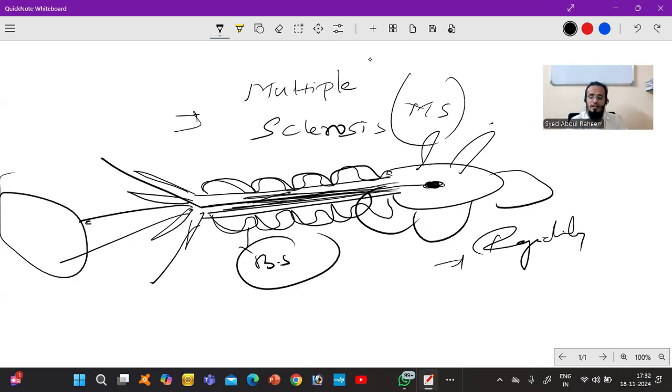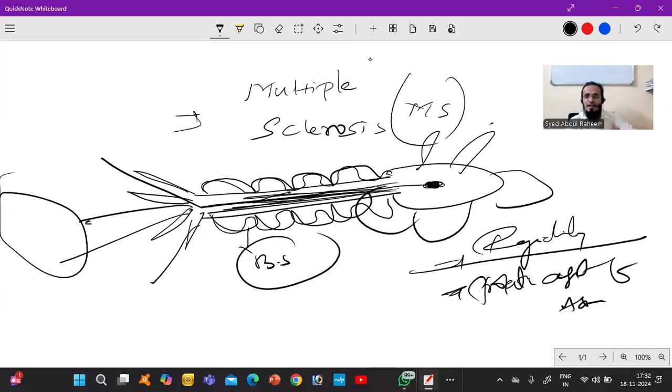So this is a protecting agent of the axon. The second one is to send the electrical impulse rapidly. So this is the function of the myelin sheath.